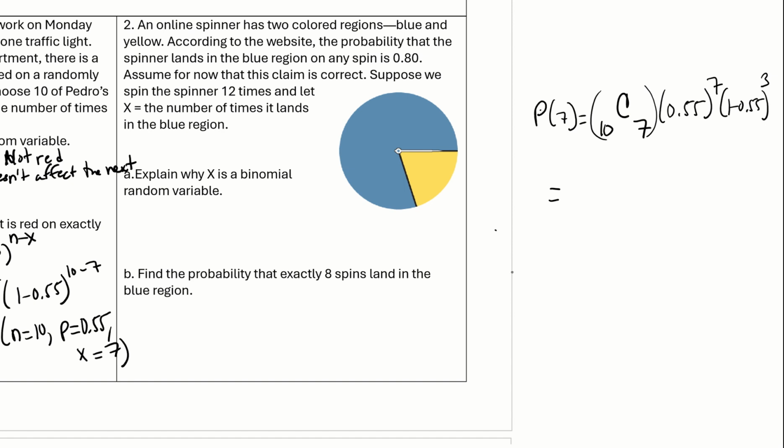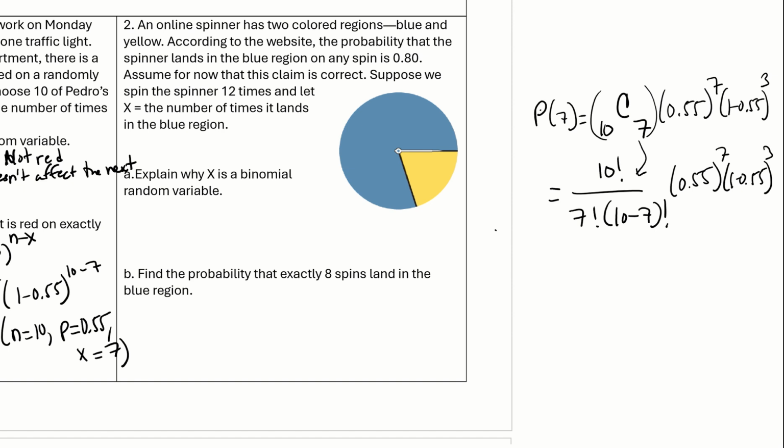You can also use the formula 10 factorial over 7 factorial times 10 minus 7 factorial for this part, and then, of course, you have the 0.55 and all that good stuff in order to calculate it. And then 1 minus 0.55 to the 3rd power.